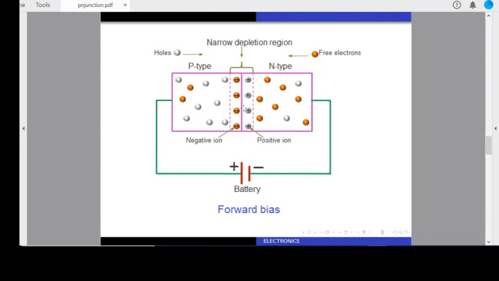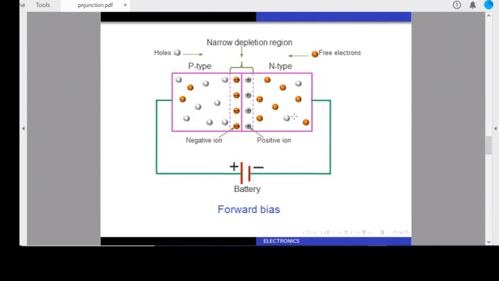If the depletion region is reduced, that would mean that electrons will be able to cross over from the n-type side onto the p-type side. Likewise, holes are going to be able to cross over from the p-type side onto the n-type side.